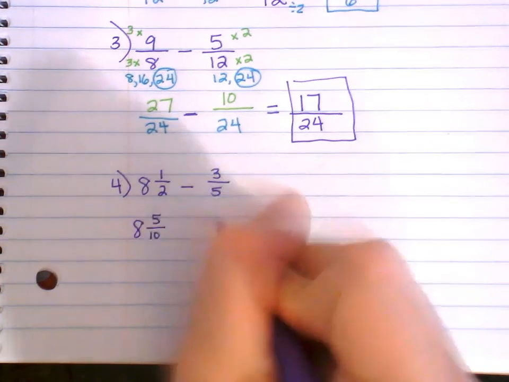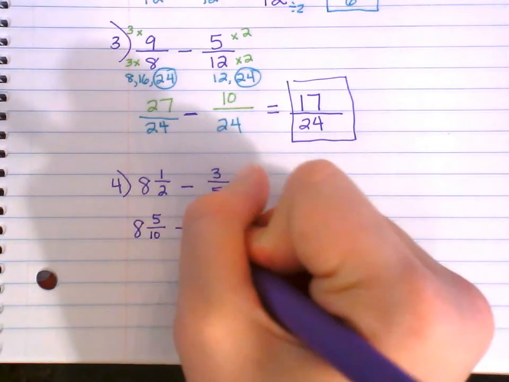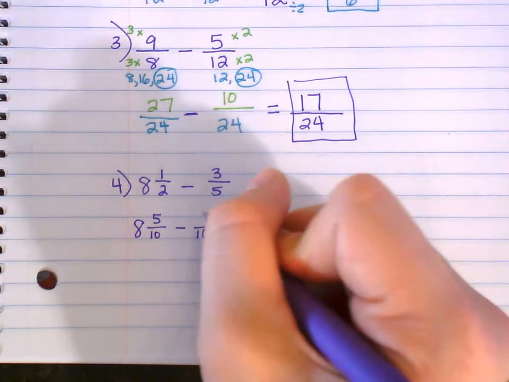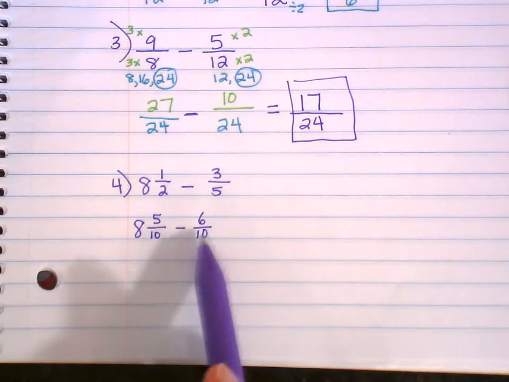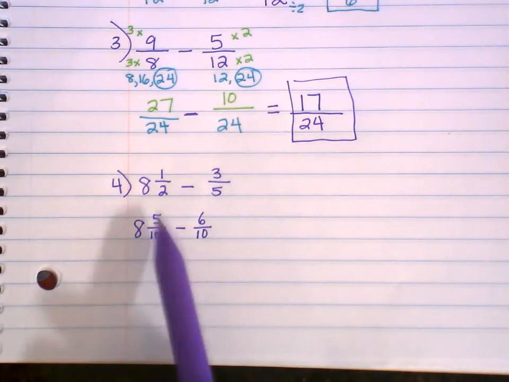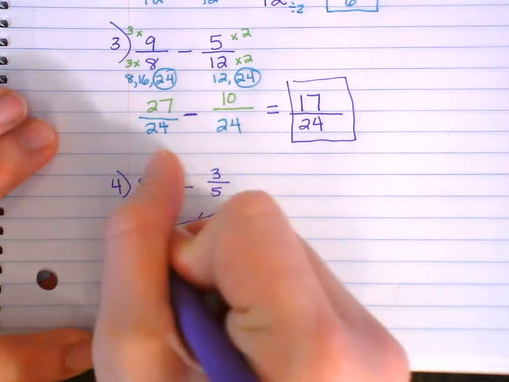So 1 times 5, 5/10 is the same as 1/2. And then 5 into 10, so 5 times 2 is 10. And 3 times 2 is 6. So I know that now I have like denominators. But 5/10 minus 6/10, now that's getting into a negative fraction. Oh, that's just ugly and complicated.